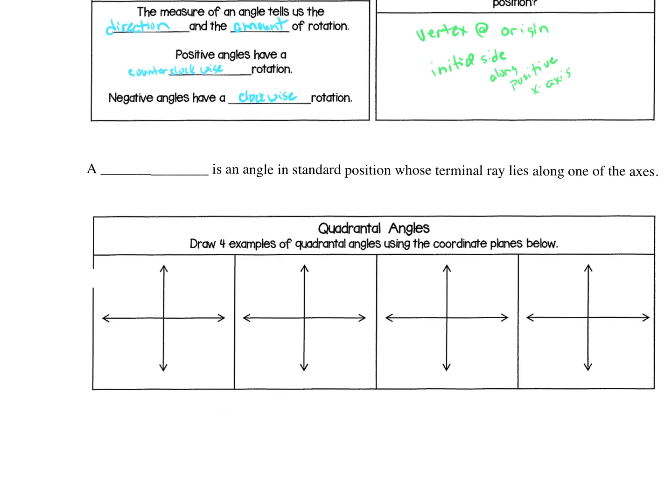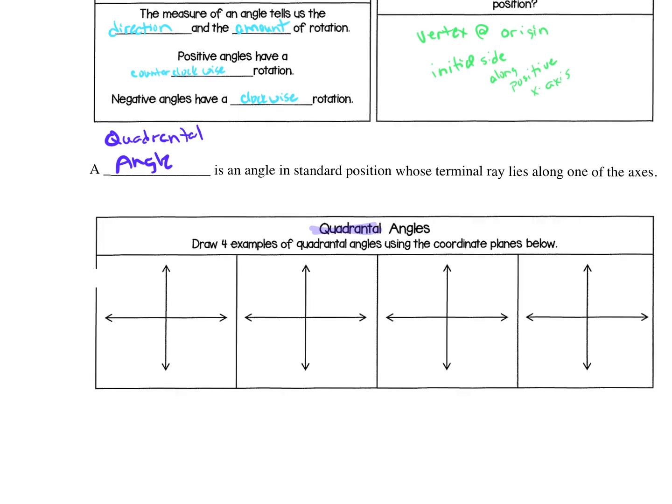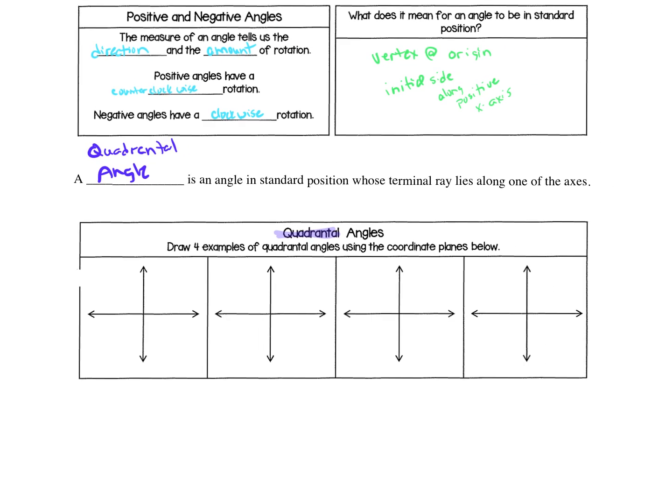Some other terminology to be familiar with, and I've got it listed down here also, if you notice, it's what's referred to as a quadrantal angle. It's kind of a weird word. A quadrantal angle is an angle in standard position whose terminal ray lies along one of the axes. So in other words, think about the lines that create the quadrants, right?